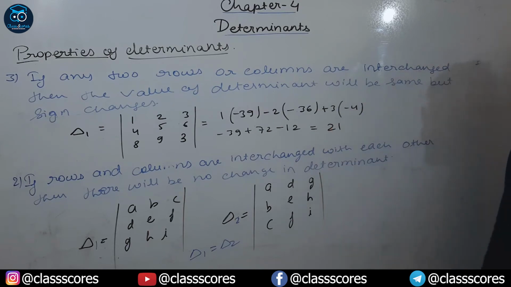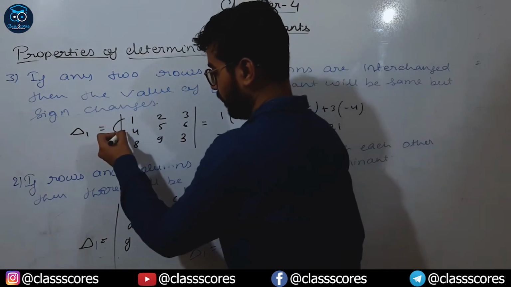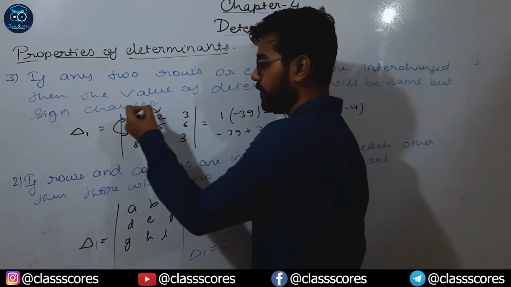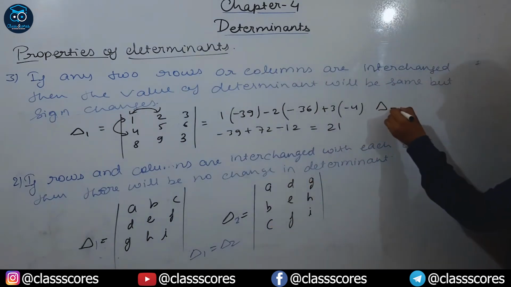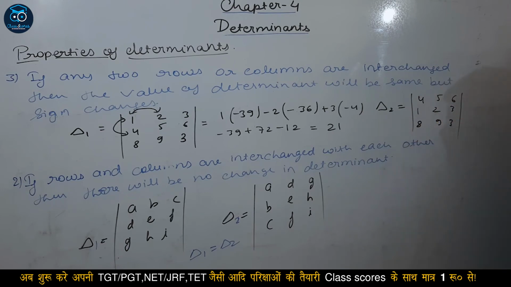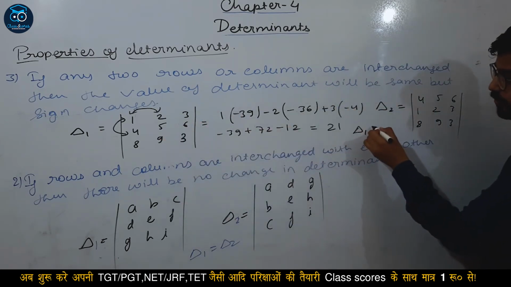Okay, now if we interchange any two rows or any two columns, suppose we do it in delta 2: 4, 5, 6, 1, 2, 3, 8, 9, 3. Then if we compare the values of both the deltas, what do we get?